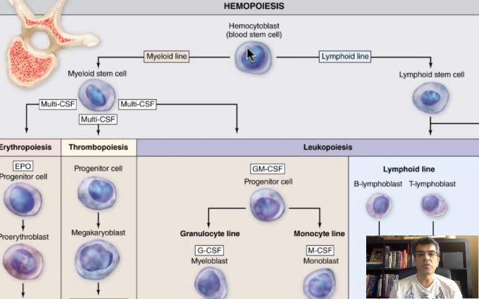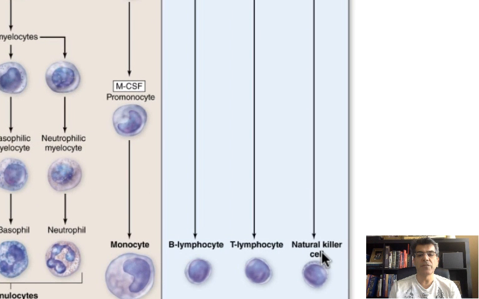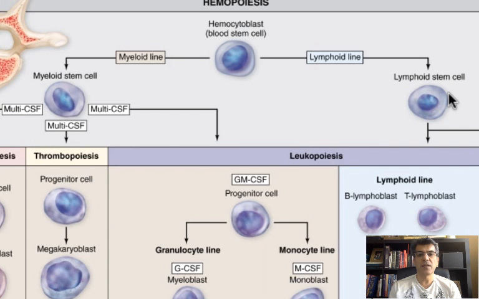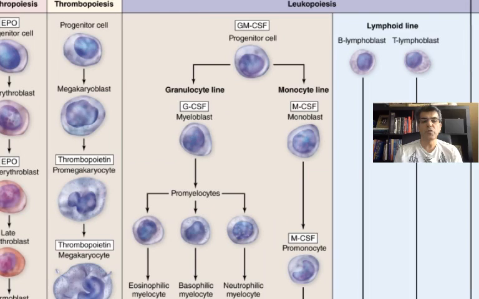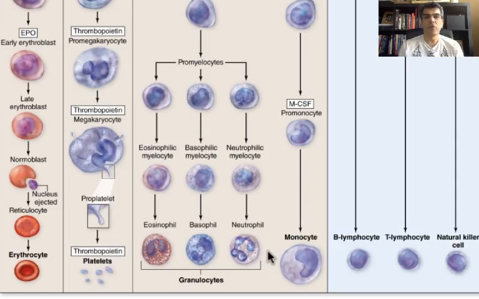We don't need to go through so much detail on this one, but I'll tell you the most important aspect of this table. Hemocytoblast first is going to divide into two cells. One is called lymphoid stem cell, another one is called myeloid stem cell. Lymphoid stem cell is pretty easy because at the end it's going to create lymphocytes. All lymphocytes come from lymphoid stem cells. Myeloid stem cells produce the rest of the formed elements.